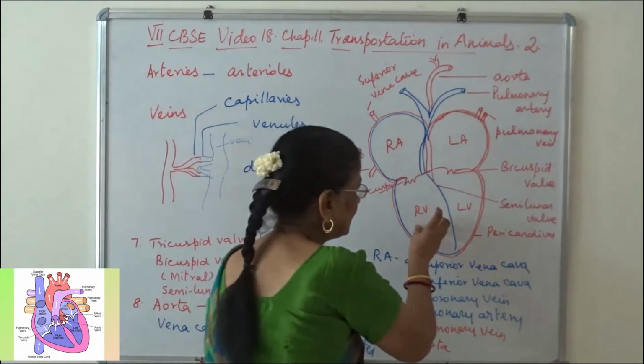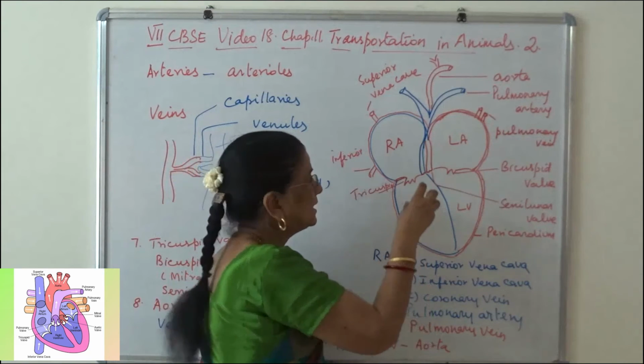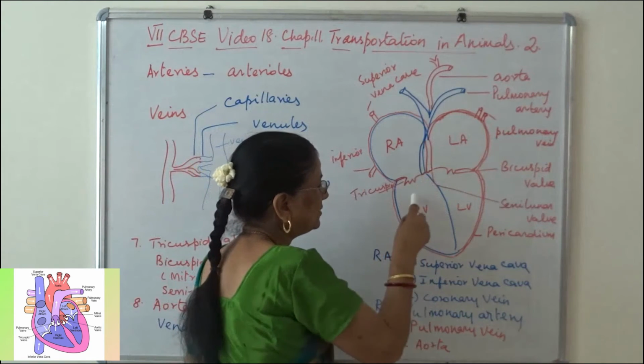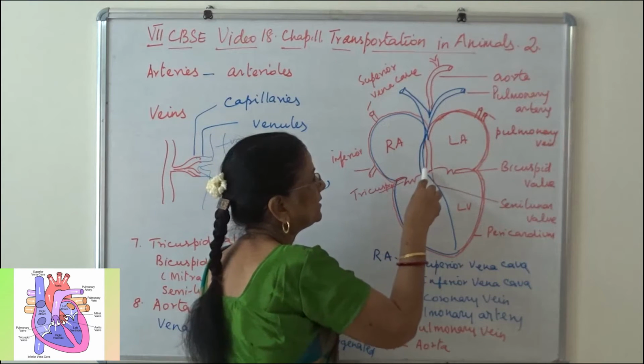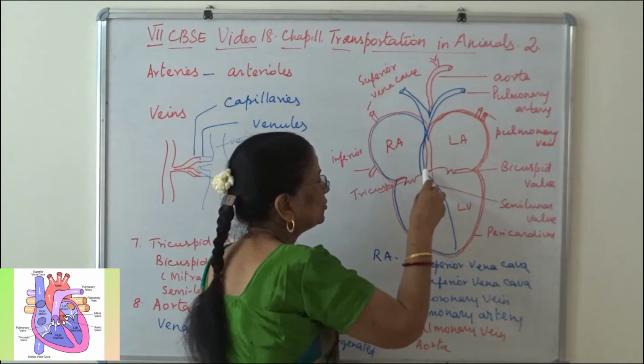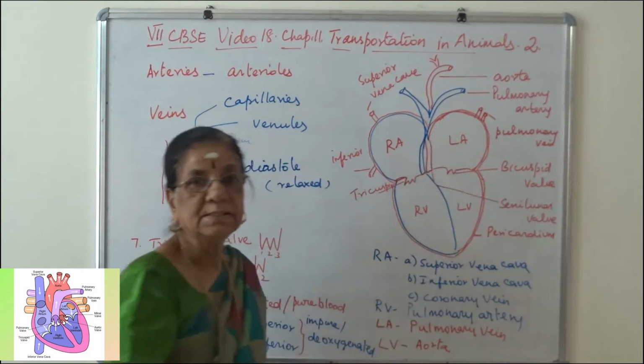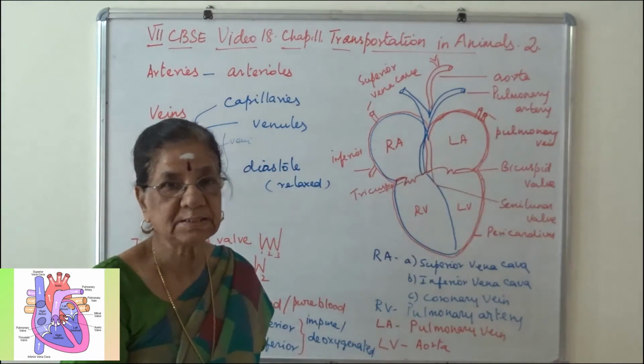So when the right ventricle contracts, the impure blood goes through the pulmonary artery, the blue line, reaching the lungs.